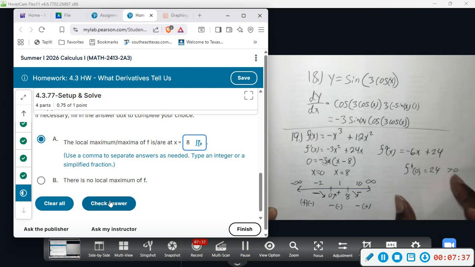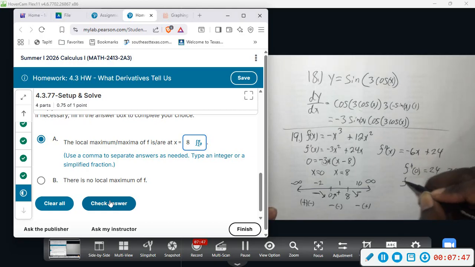That tells me that that's going to be a minimum. When the second derivative is greater than 0, minimum. Second derivative less than 0, maximum. That's that concavity. The greater than 0 is going to be concave up. So when you think about that, concave up is giving you that low point for a minimum.